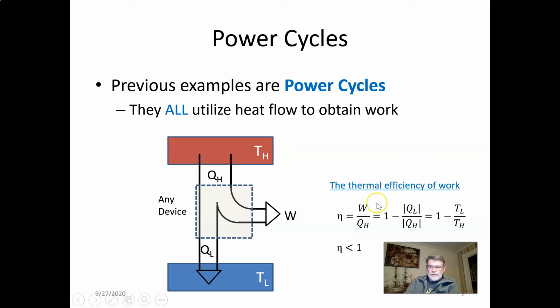And here you can see the efficiency, eta, is expressed by this formula and simplifies into 1 minus TL, the lowest cycle temperature, divided by TH, the highest.